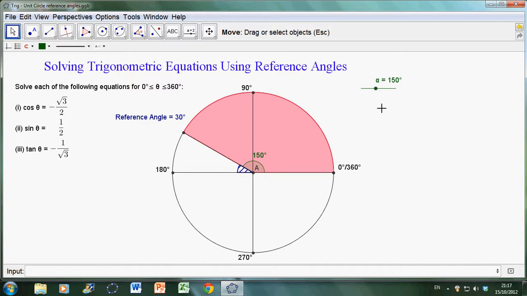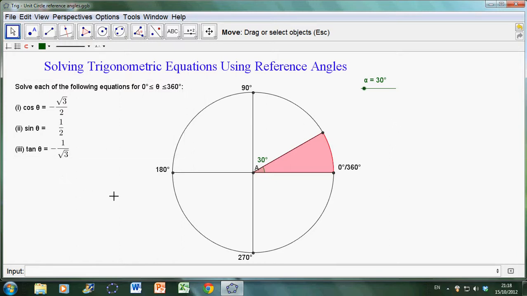On to the third one, tan of theta is minus 1 over root 3. We find the reference angle. If you do tan inverse of 1 over root 3, you'll get 30 degrees again. So 30 degrees is the reference angle.